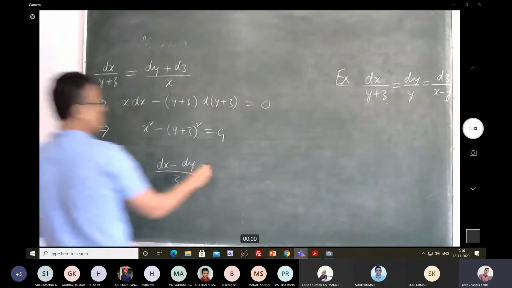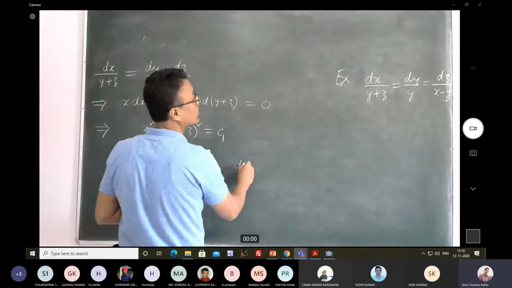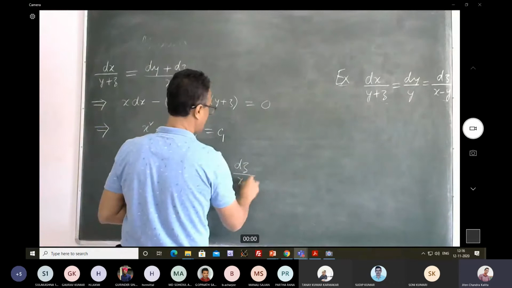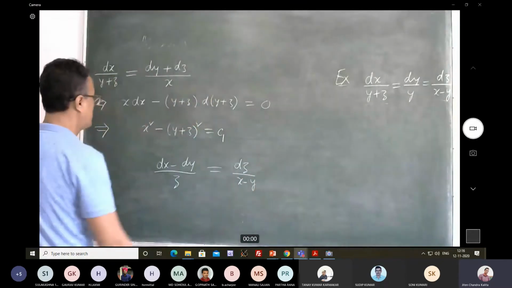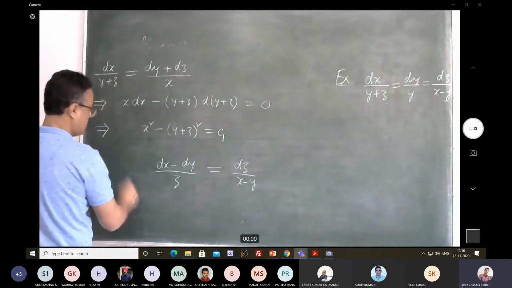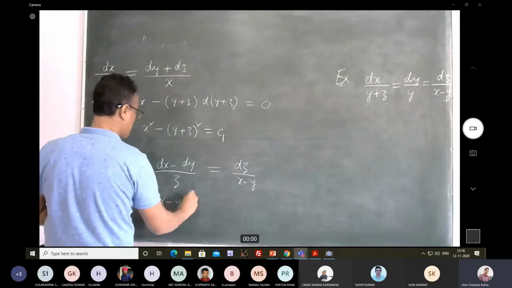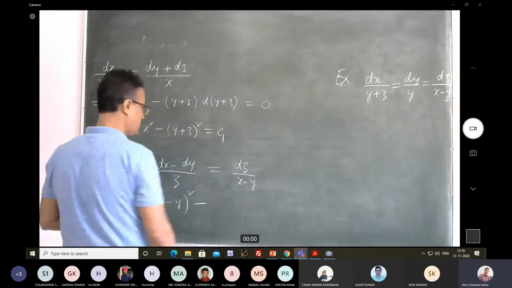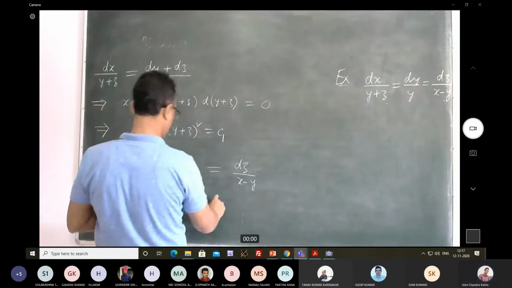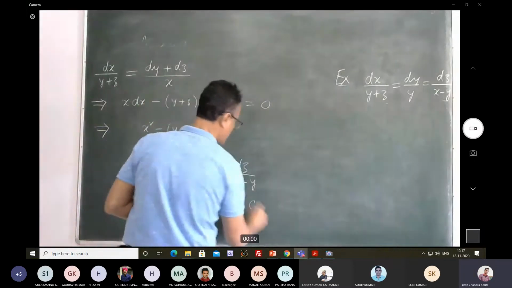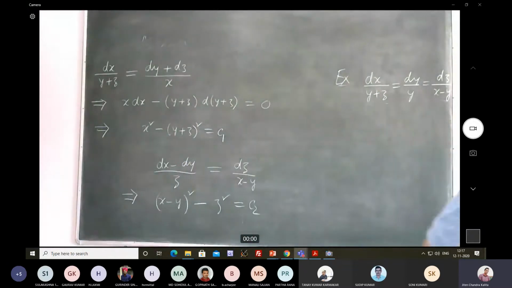So this is equal to dz over (x minus y), and from here eventually I am going to get (x minus y) squared minus z squared equal to c2. Can you get more than that? Can you get something more than that?